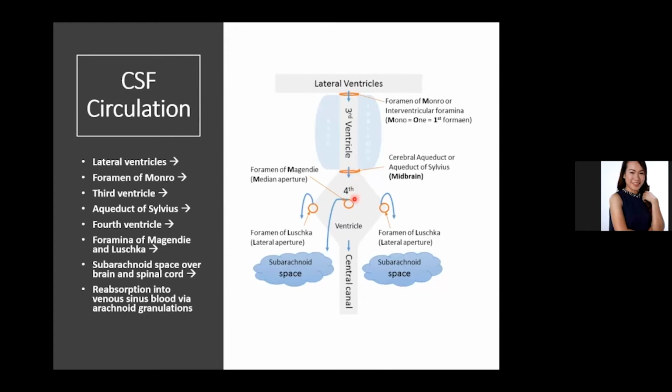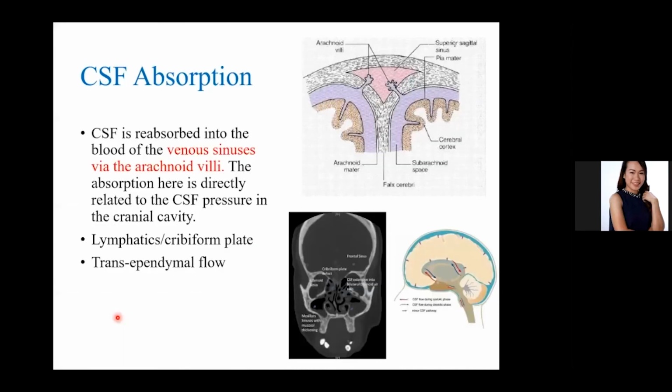From the fourth ventricle, we have your median aperture or the foramen of Magendie, and the lateral aperture or the foramen of Luschka. From the fourth ventricle going to the central canal, it then protects the spinal cord. Absorption occurs at the subarachnoid space through our arachnoid granulation. I hope this CSF circulation is already well understood by now. If not, you can go back and study it later.